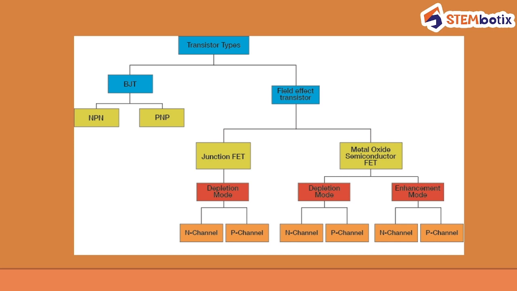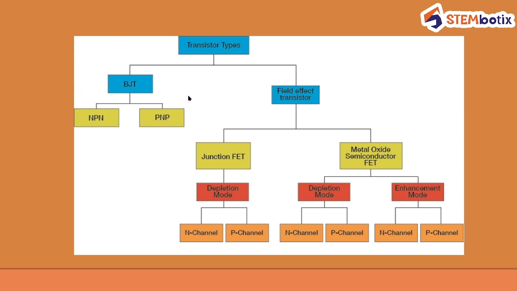Now, here are the different types of transistors. These transistors are divided into two categories according to their construction type. The first is BJT and the other is FET. BJT stands for bipolar junction transistor, while FET means field effect transistor. So these are the two main categories into which you can divide transistors.